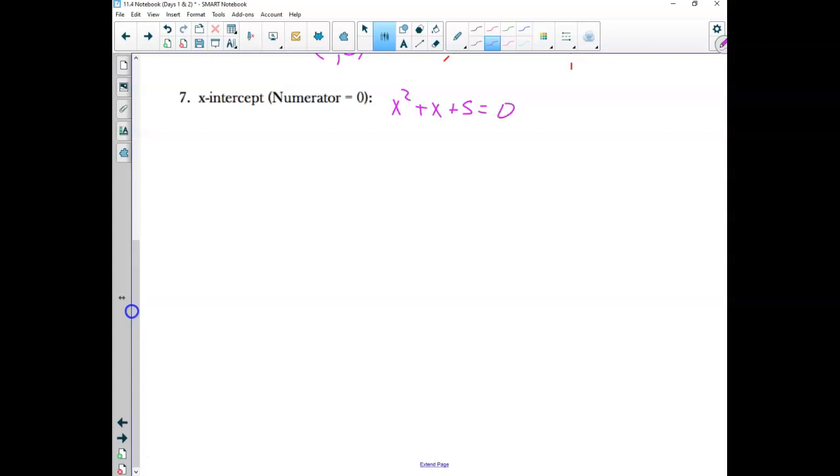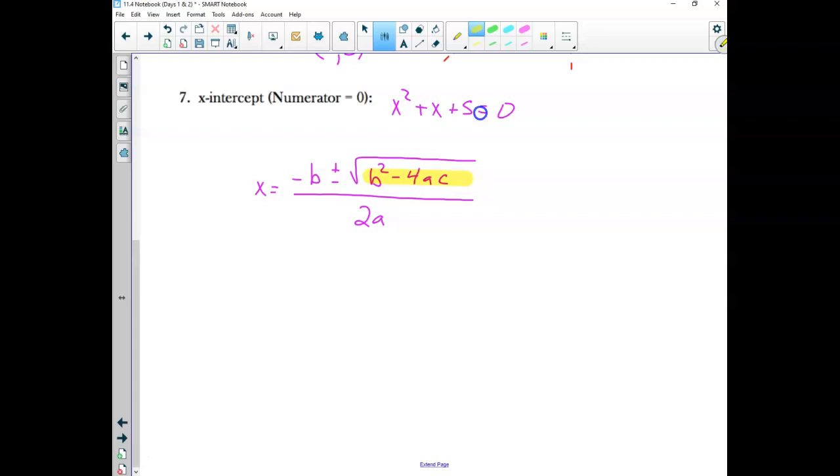Just because it didn't factor, remember, that just means we need to use the old x equals the opposite of b plus or minus the square root of b squared minus 4 times a times c, all over 2a, because we can solve non-factorable quadratics with the quadratic formula. However, I highly recommend you look at the discriminant first, because if that's a negative number, they're imaginary, which would mean I do not have any.